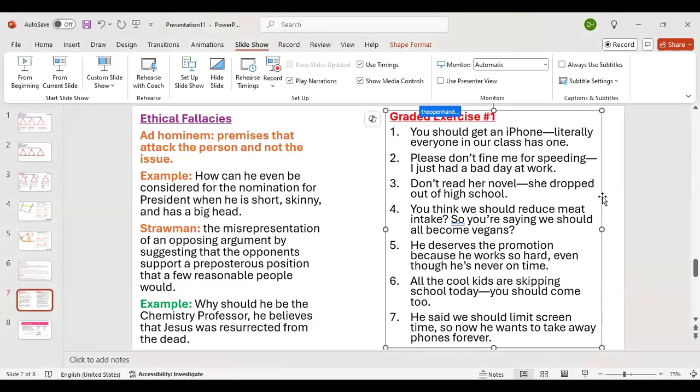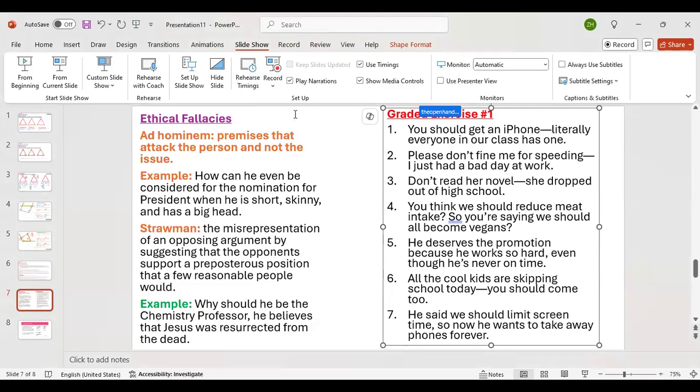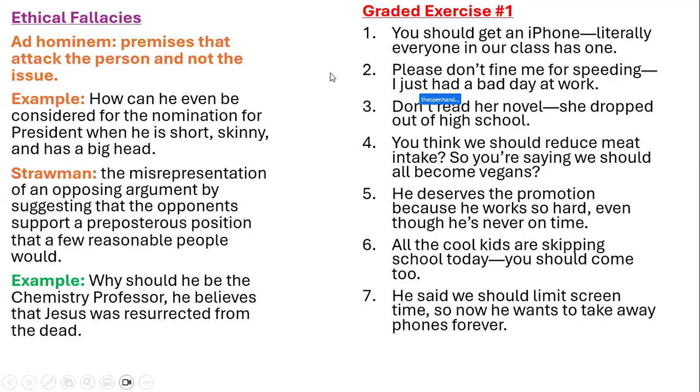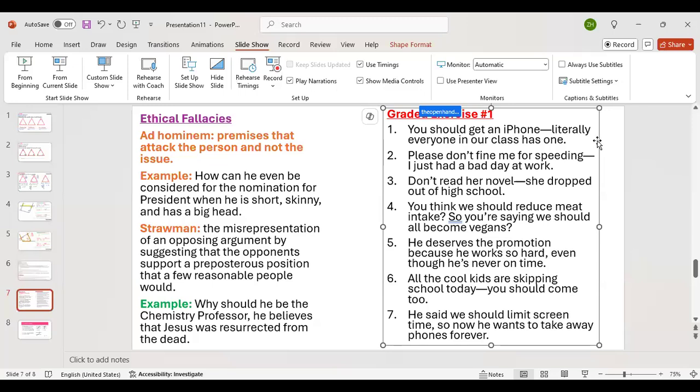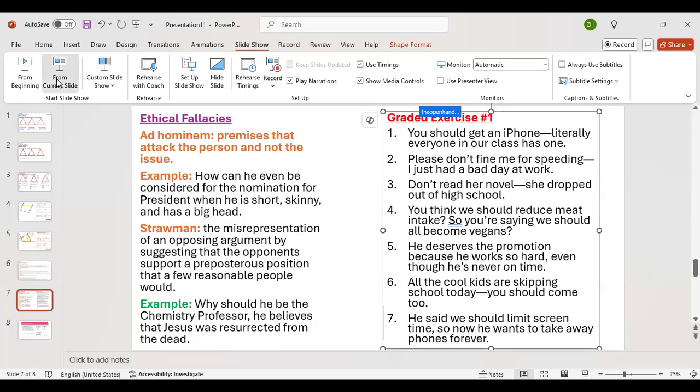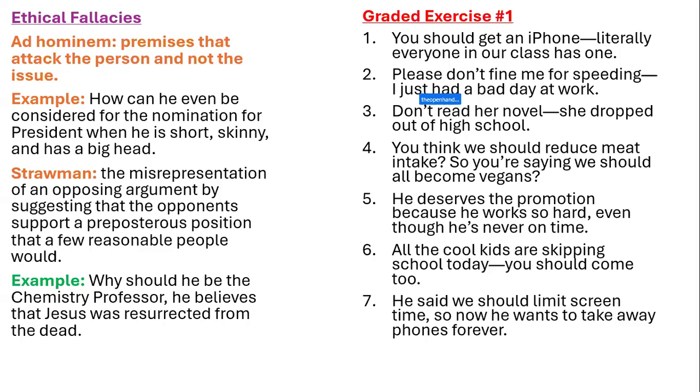Put your answers inside the chat for me, please. Tell me what type of fallacy this is that we have. Number 1: You should get an iPhone. Literally everyone in our class has one. Number 2: Please don't fine me for speeding. I just had a bad day at work. Number 3: Don't read a novel.